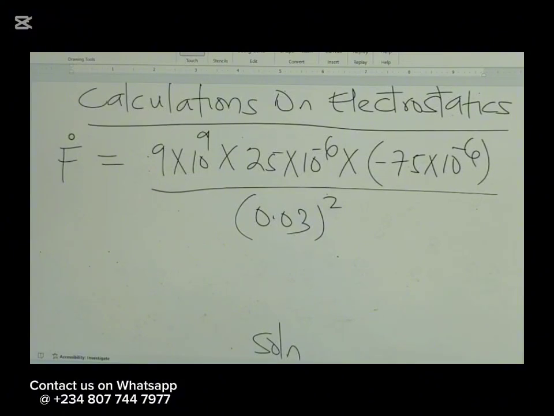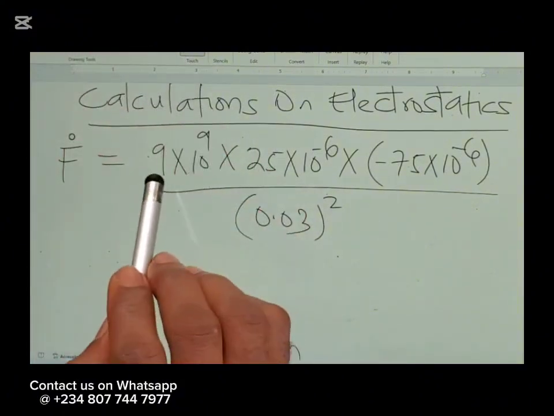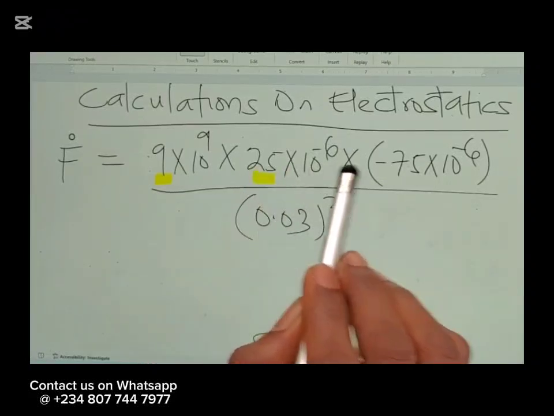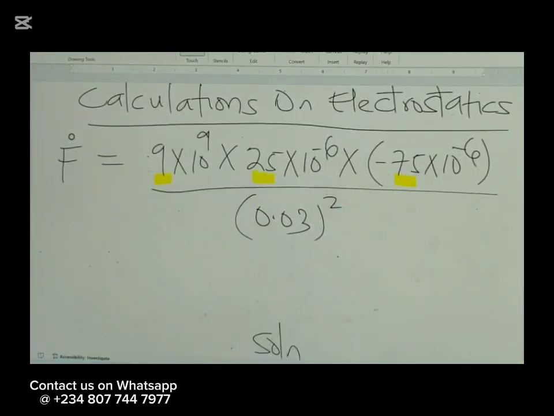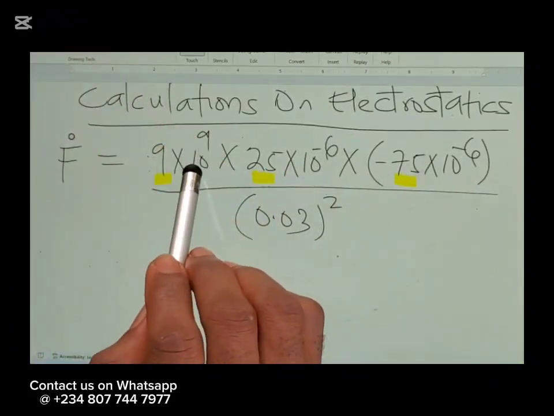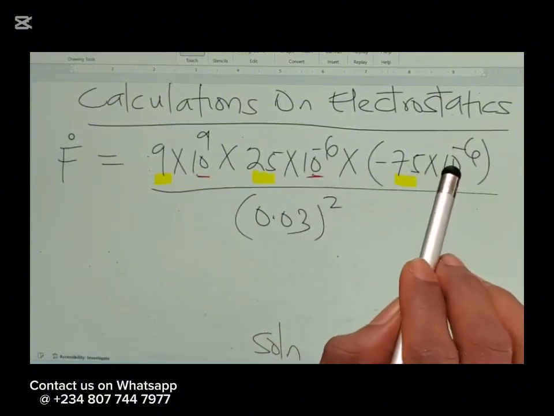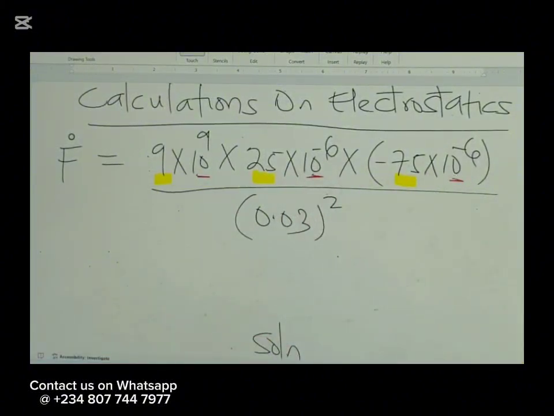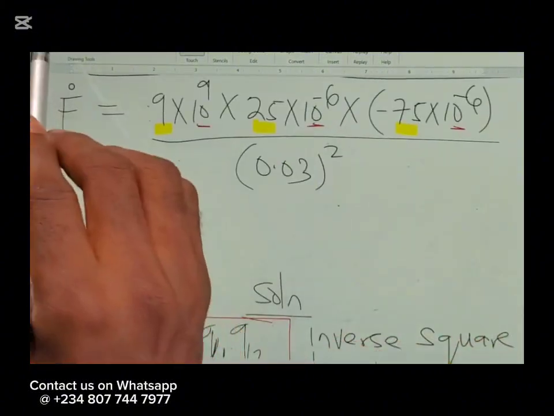The next thing I'm going to do here is to multiply the numbers first, before we simplify the terms, that is the powers of ten. Now doing that, we are going to have our value.